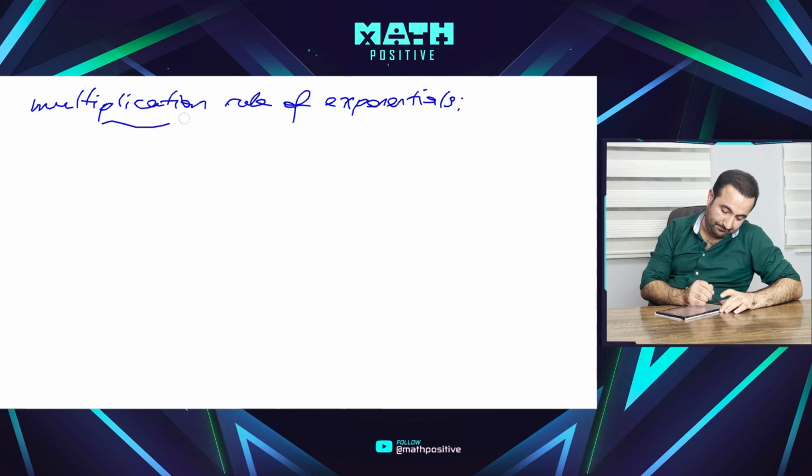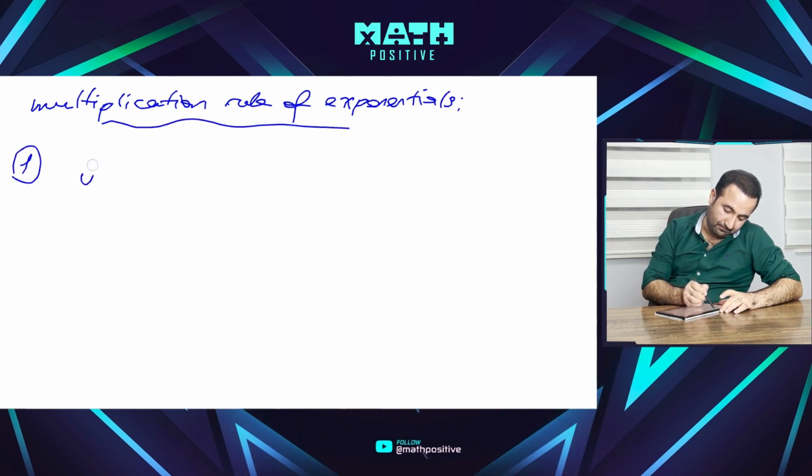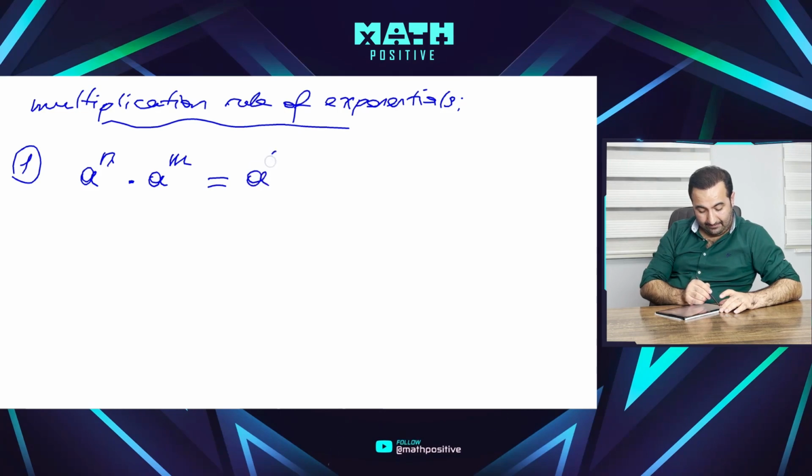Multiplication rule of exponentials. Let's have a to the power n times a to the power m.